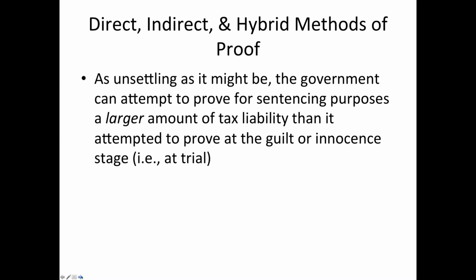So to the extent that the judge feels that the government made a compelling enough case to prove by a preponderance of the evidence that the defendant, say, for example, failed to file a tax return, even though the jury came back with a not guilty verdict on that count, the judge can still take into consideration the tax liability associated with failing to report that tax return and include that in the amount of tax liability.